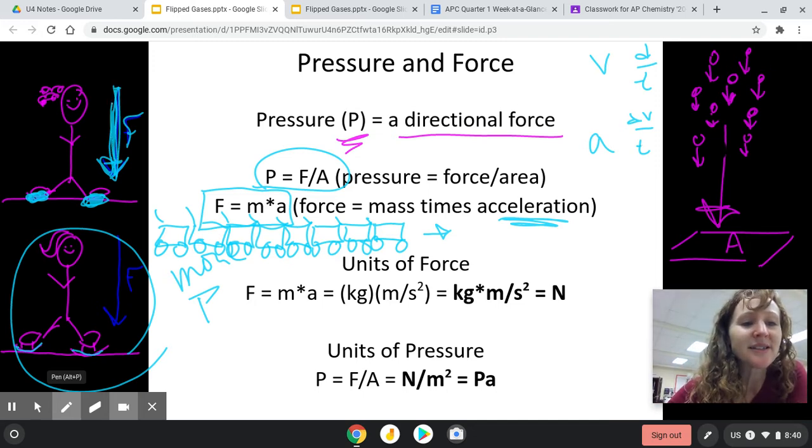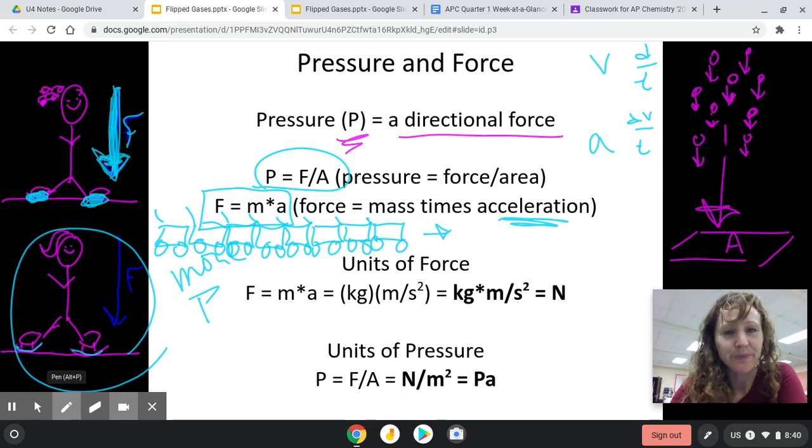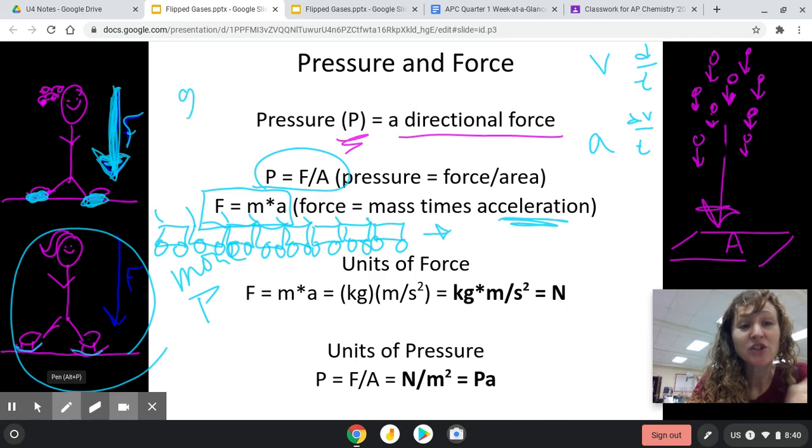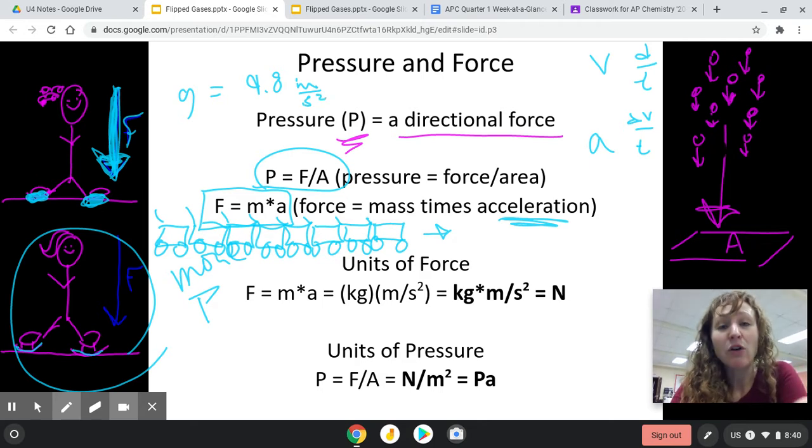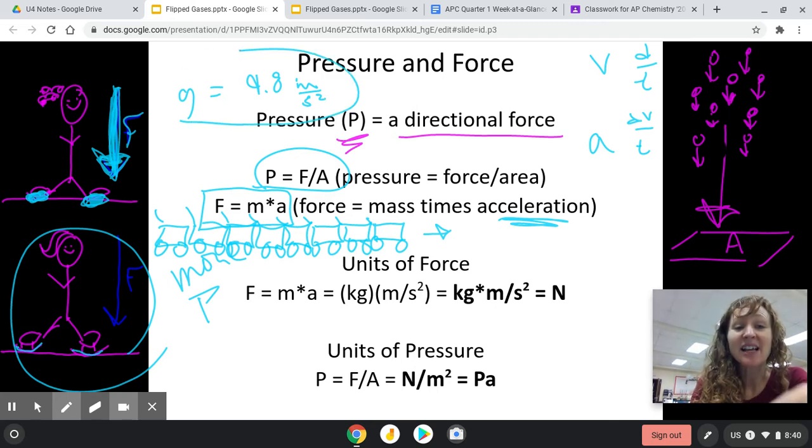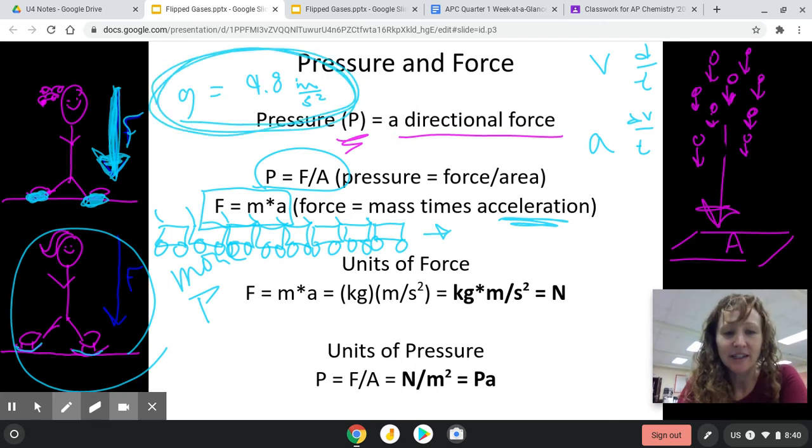So what is the acceleration when we're talking about gravitational pull? It's gravitational force, 9.8 meters per second squared. That is how fast gravity causes an object to accelerate as it is falling, basically. So this is acceleration due to gravity.